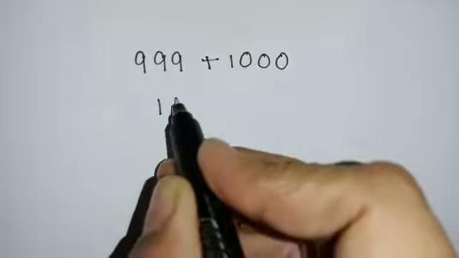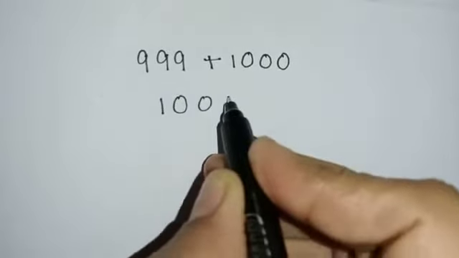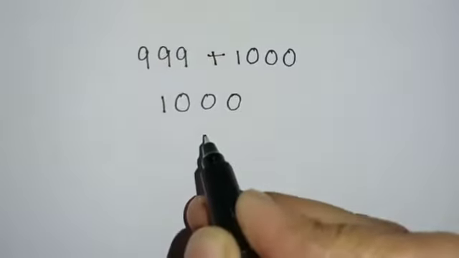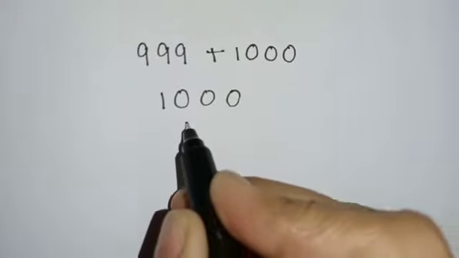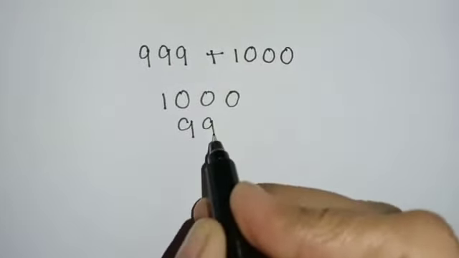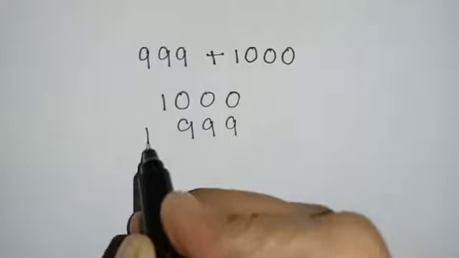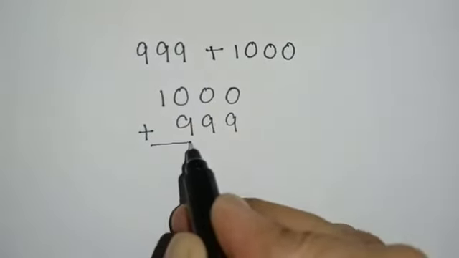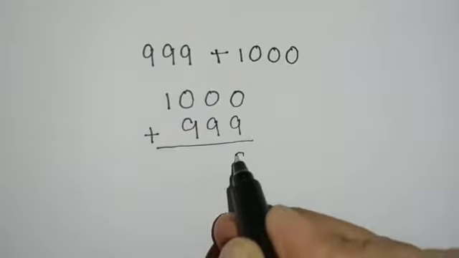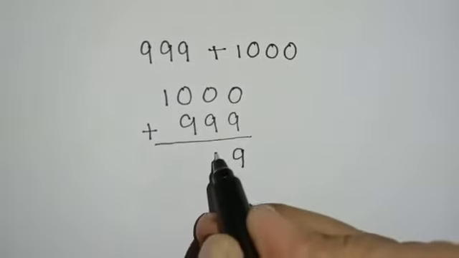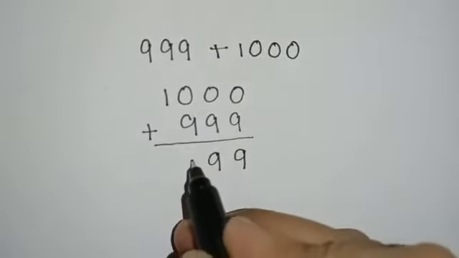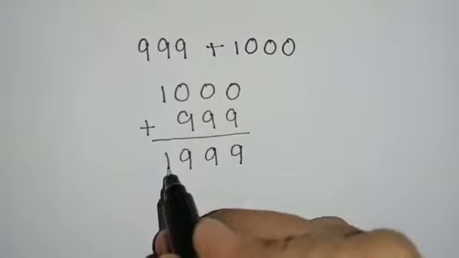Now we will add it. It's 1000, the smallest 4-digit number, and 999, the greatest 3-digit number. 0 plus 9, it's 9. 0 plus 9, it's 9. Again 0 plus 9, it's 9. And 1 as it is.